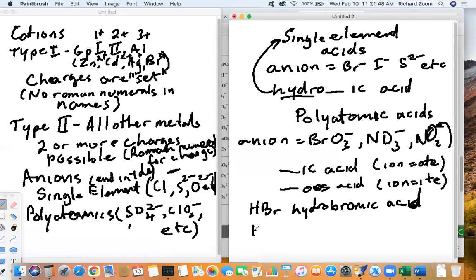And if you had HBrO3, this will be bromic acid. Now this is based on the fact that BrO3 is bromate.